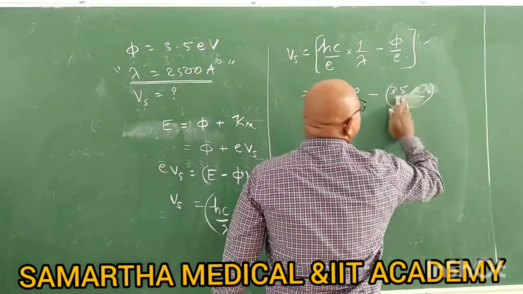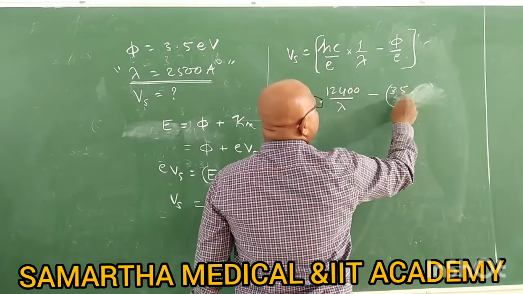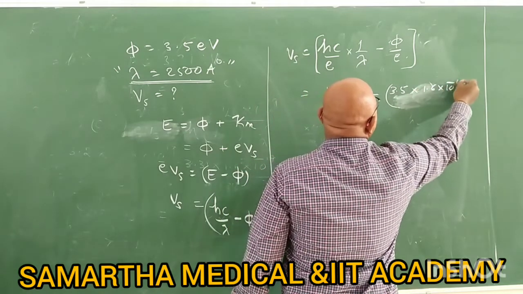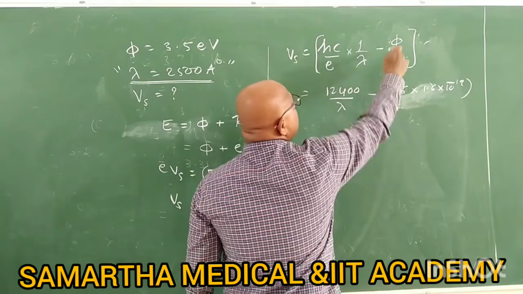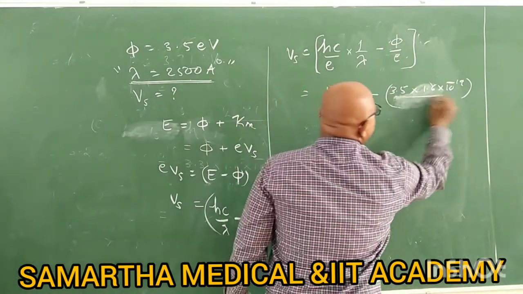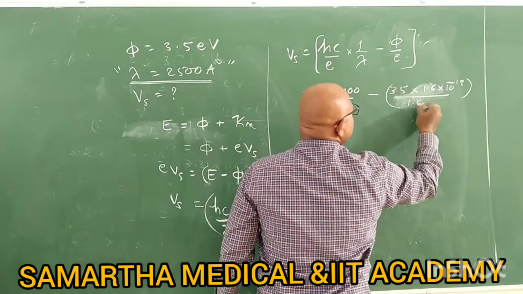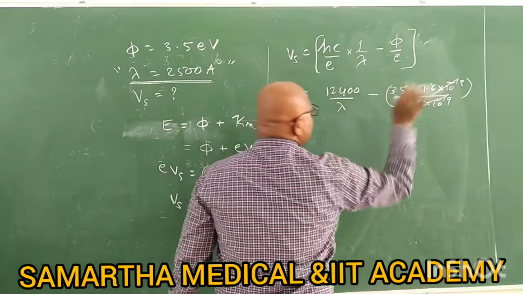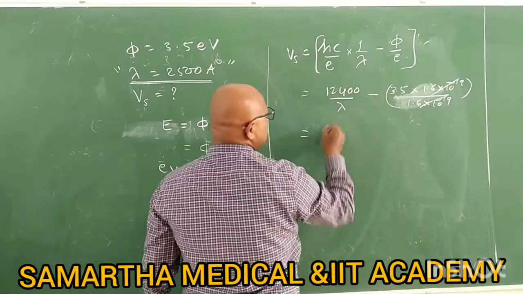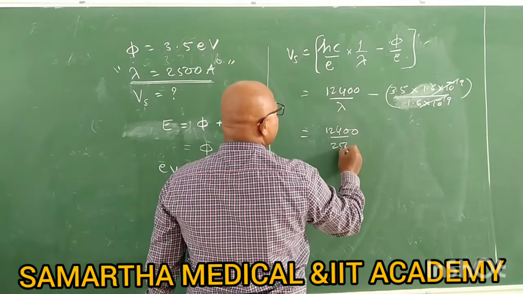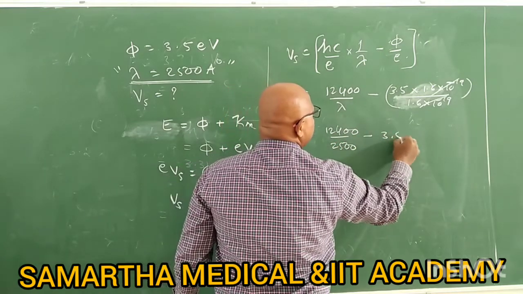So you need not convert this, because 3.5 eV should be converted into joule using 1.6 into 10 to the power of minus 19, divided by E, which is again 1.6 into 10 to the power of minus 19. Both will get cancelled. Only 3.5 remains there, and it is 12,400 divided by 2,500 minus 3.5.